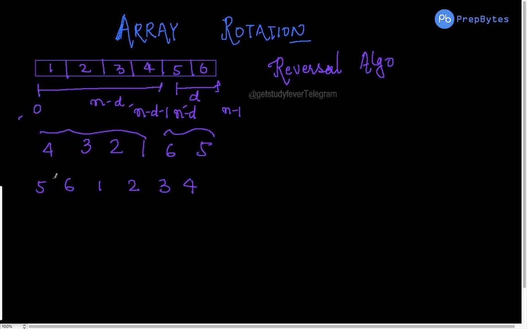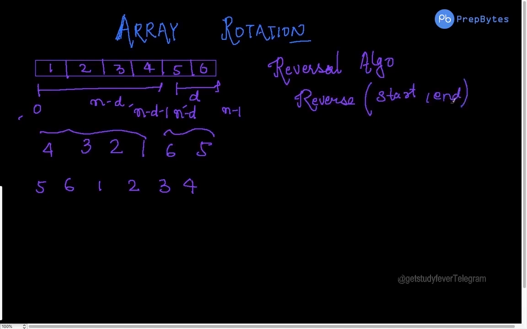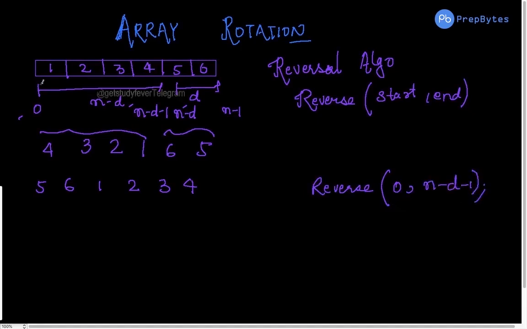So rather than going over that, let's see how we call the reverse operation again and again. Let's say we have a reverse operation and it accepts a start index and an end index. I'll call reverse with index 0, n minus d minus 1. This is for reversing this particular part.